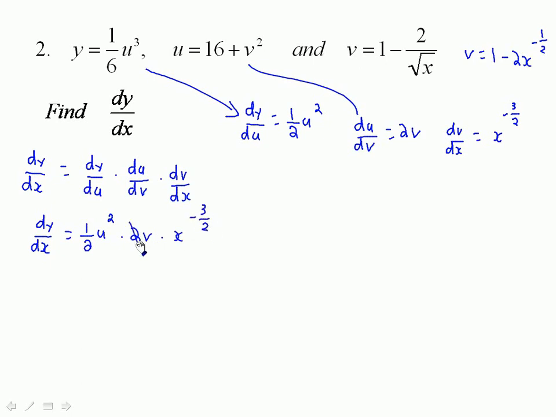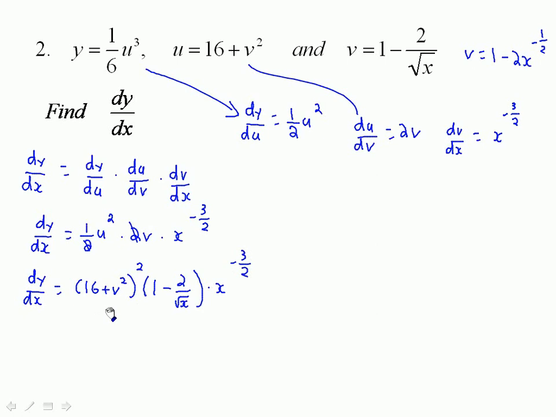Now the 2's will divide out. That's good. But now we still need to make the replacement. dy dx will be equal to u squared, and that's going to be 16 plus v squared all to the 2, multiplied by v, which is 1 minus 2 over root x, and then times x to the negative 3 over 2.